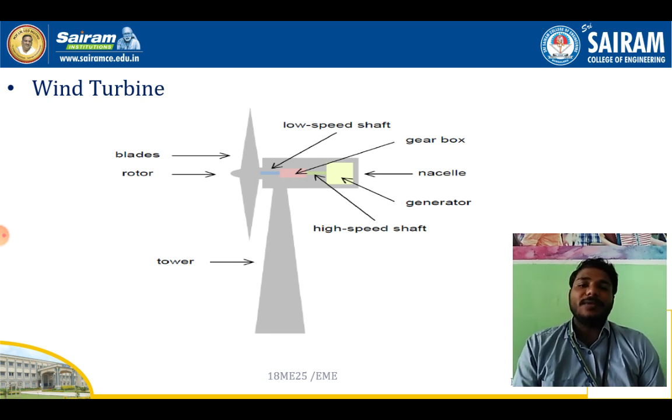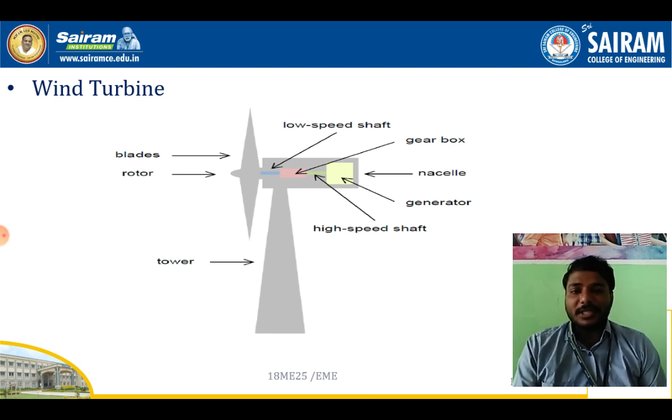The high speed shaft is connected to the generator. Once it starts rotating, automatically the generator starts working. The generator is connected to the turbine, so when the turbine starts rotating, the electricity is generated. That generated electricity is transferred through the tower to the nearest substations.